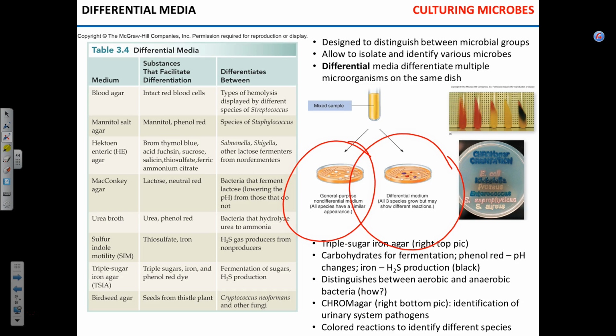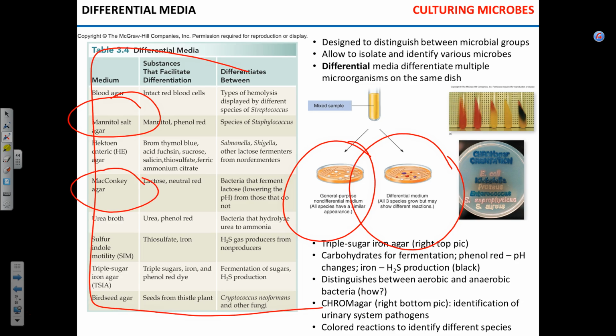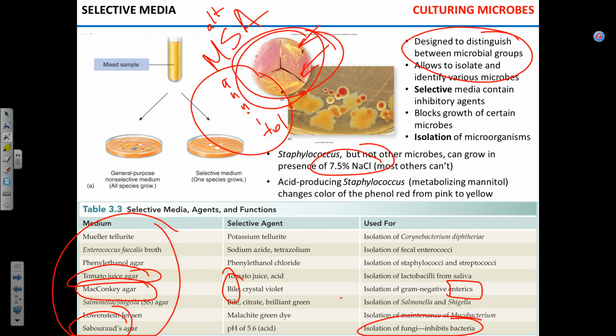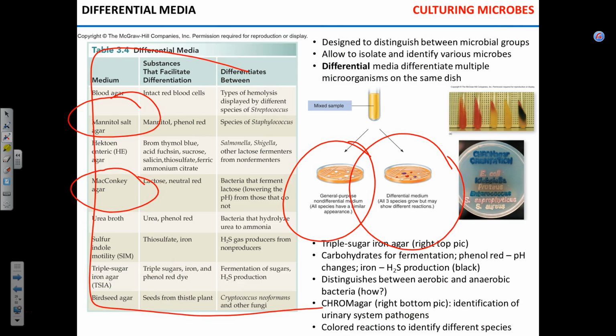If you look at the list, you will see mannitol salt and MacConkey, two types of media that we just discussed as being selective. So can the same medium be selective and differential at the same time? Apparently so, yes. Okay. Does that make sense? For example, switching from MSA to MacConkey agar.